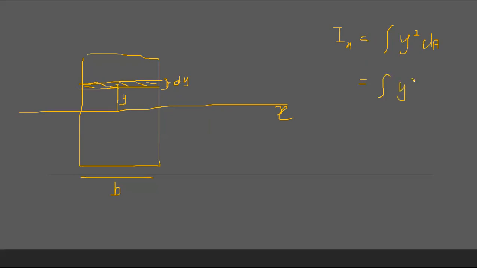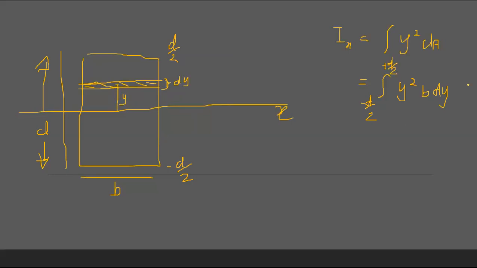So y squared b dy, and you can take b out. Let's say this depth is d. This is about the x-axis, this is minus d by 2, this is plus d by 2. So you have to go from minus d by 2 to plus d by 2.